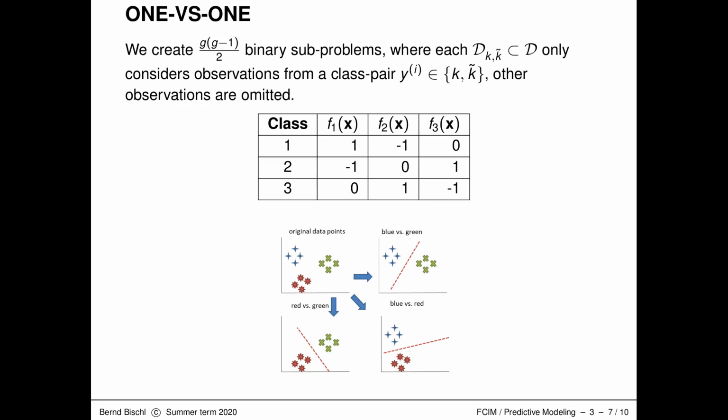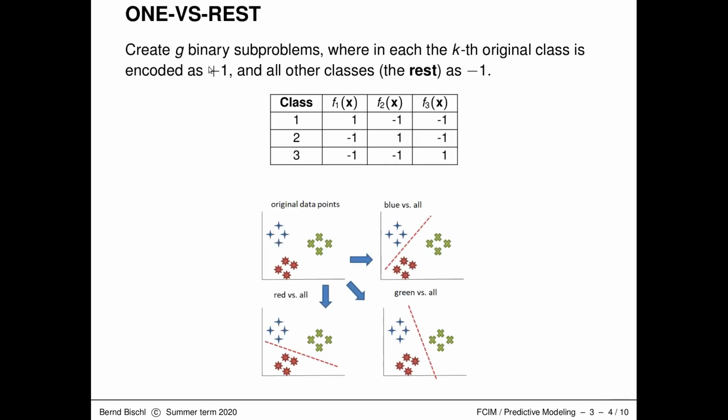There's usually another reason why 1 versus 1 is somewhat preferred from a learning or modeling perspective. Again, consider this graphical depiction here.